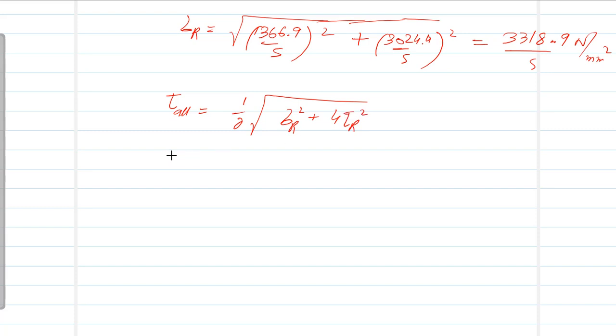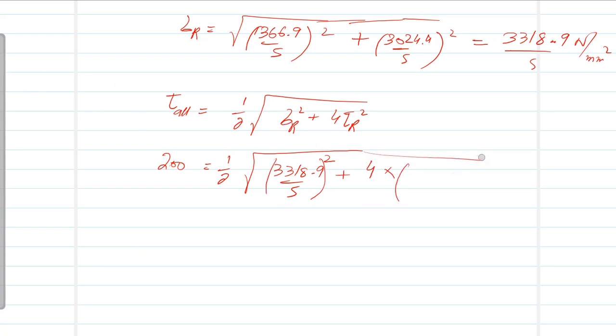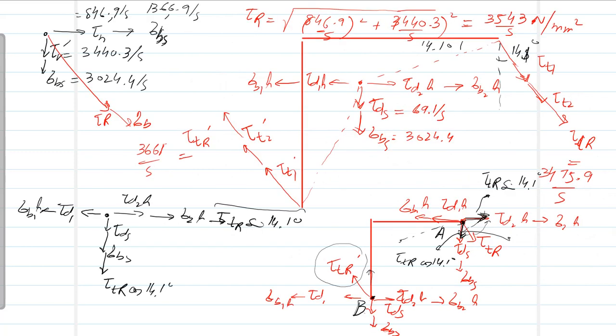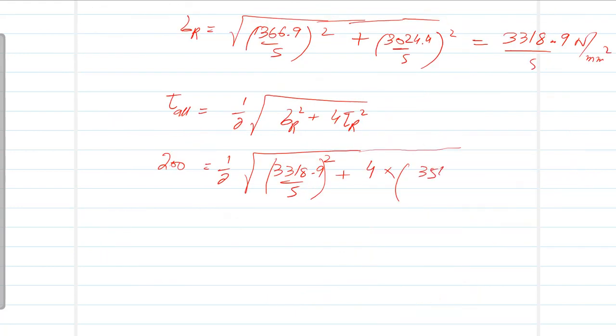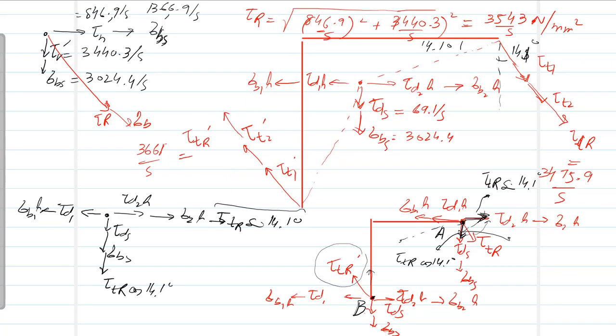So tau allowable, as we found in the previous numerical, is 200, that is 1 over 2 into sigma r, which is 3318.9 divided by s, square, plus 4 times the resultant shear, which is 3543 divided by s, square.